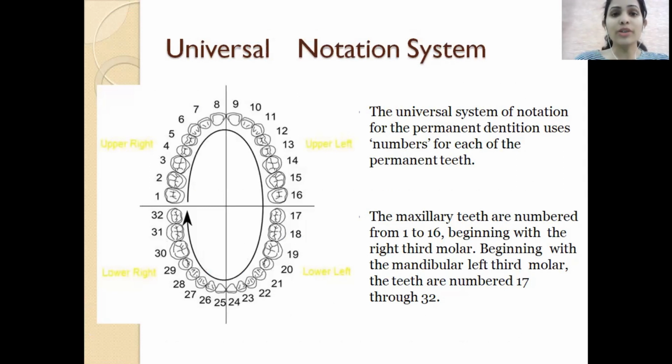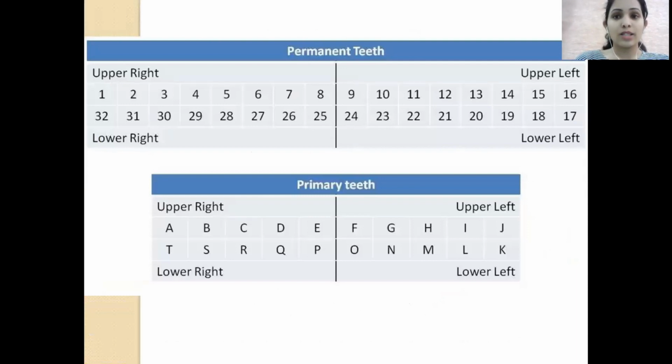So this was about universal notation system. So just a brief example of it. For permanent teeth, starting with right upper maxillary third molar, it starts with number 1, extending till left upper third molar denoted by number 16. Then left lower third molar is denoted by number 17, extending till 32, that is the right lower third molar.